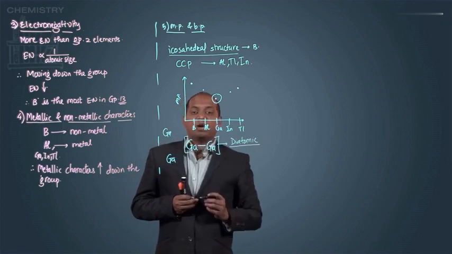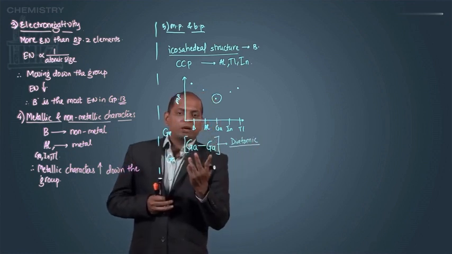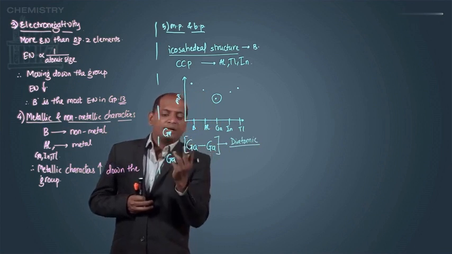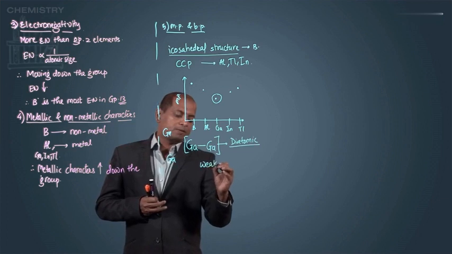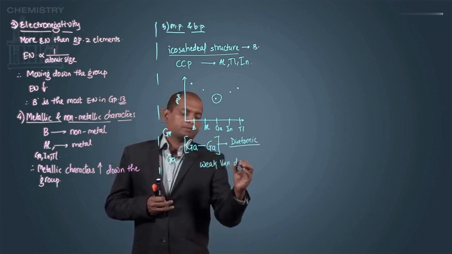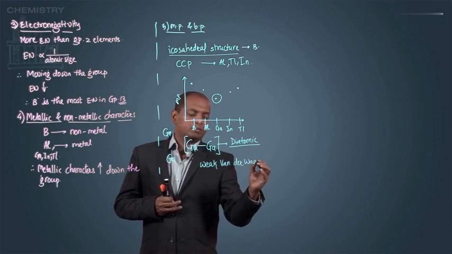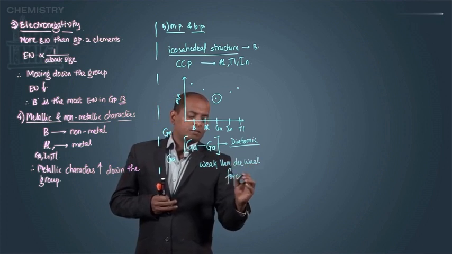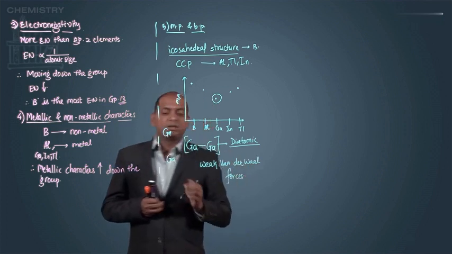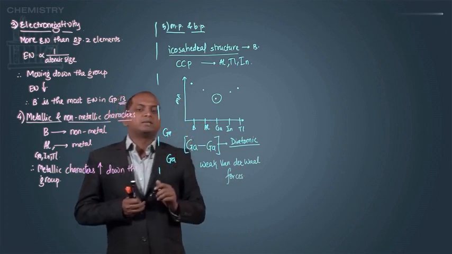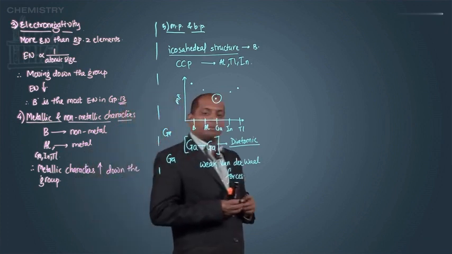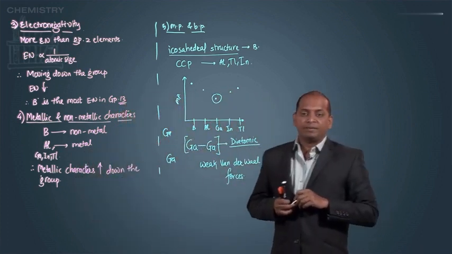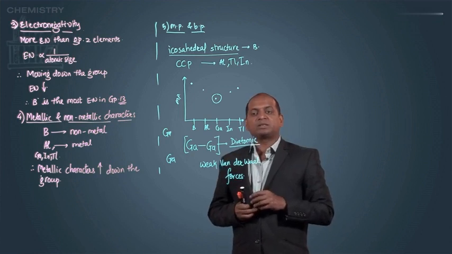These 2 atoms are bonded by weak van der Waals forces. Hence gallium has a low melting point, so that at room temperature it is liquid. It is a metal, but still it is liquid at room temperature.